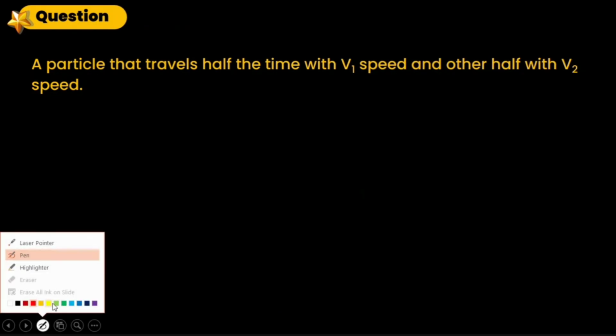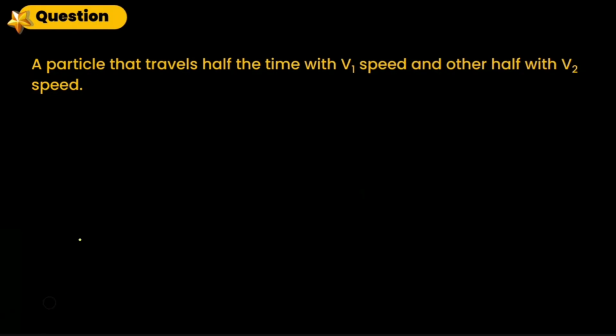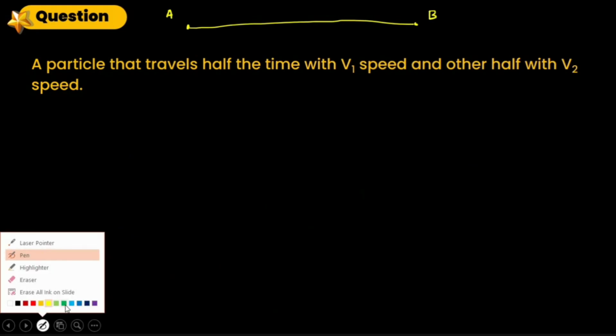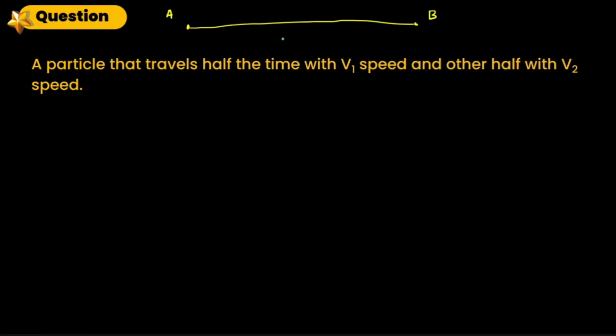Now, this is again an interesting and important example. The question says a particle travels half the time with speed v1 and the other half the time with speed v2. Now, let us try to understand what it is saying. Suppose there was a particle, a person traveling from point A to point B, covering a certain distance, x, I assume.